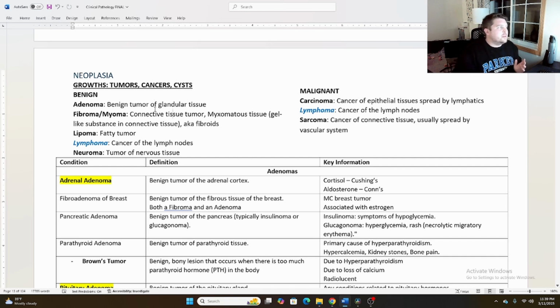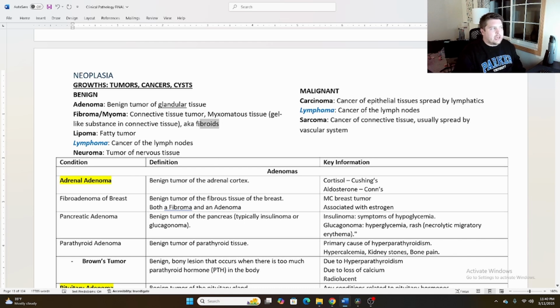So starting with the benign tumors, we have adenomas. This is our glandular tissue. A fibroma or myoma, kind of connected there. This is a connective tissue tumor or some type of gel-like or myxomatous tissue, so a gel-like substance in the connective tissues.